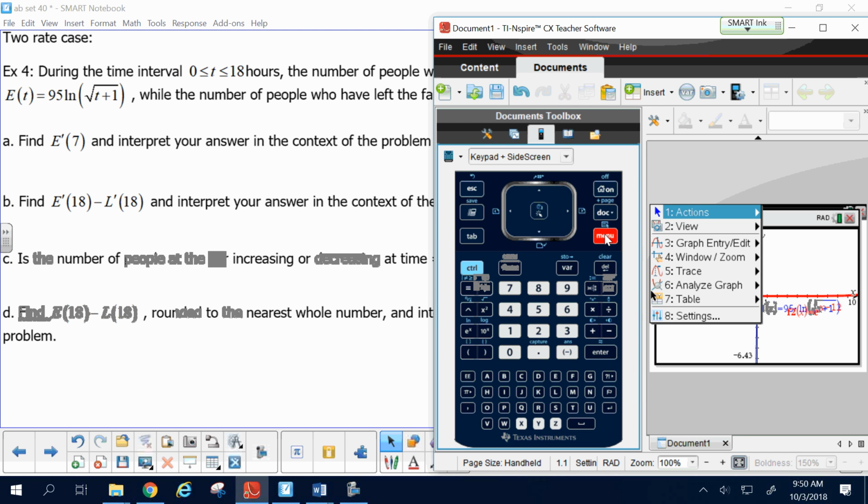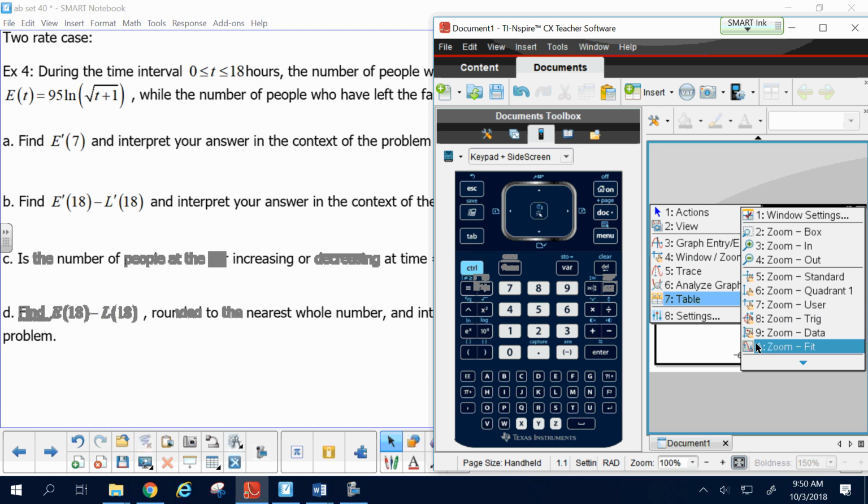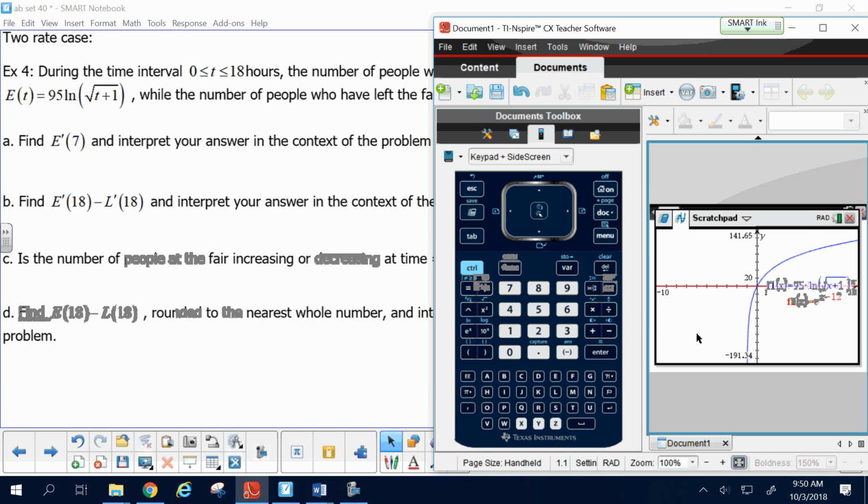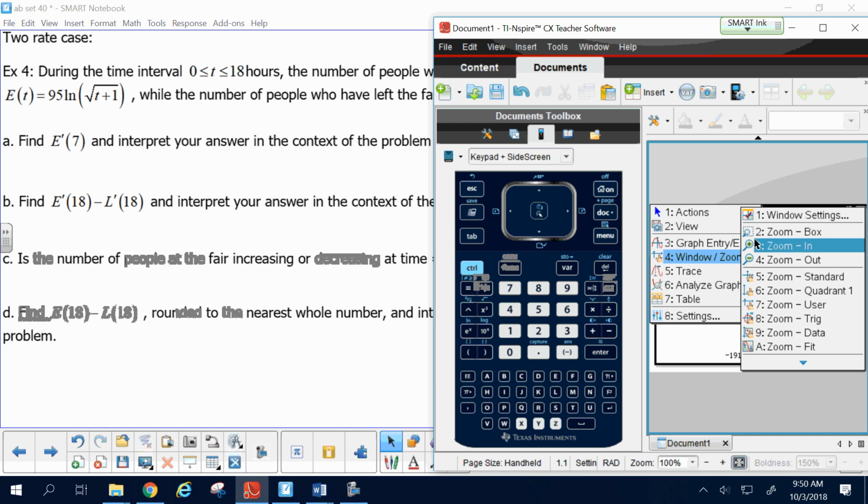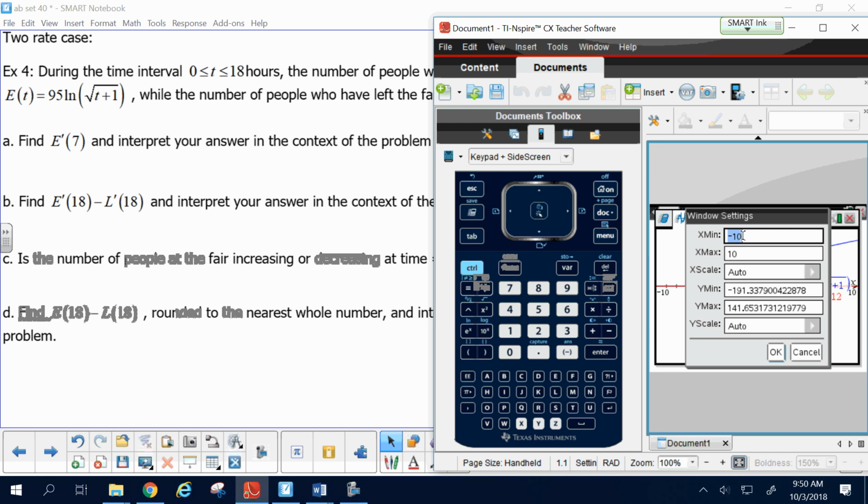All right, how does Zoom Fit go? Does it work pretty well or not so much? Okay, so for 0 to 18 hours, I'm going to change my window to 0 to 18. I don't know about the y's. The y's I don't need negatives for.